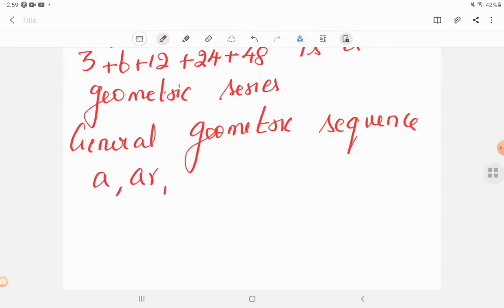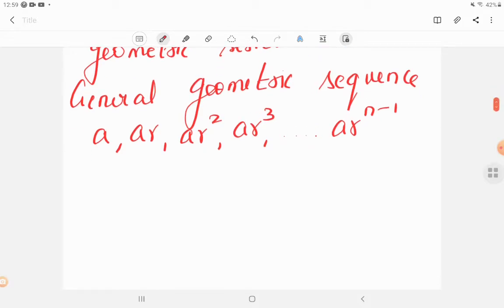The first term is represented as a, and the second term is the first term multiplied by the common ratio. So this is representing the general form of a geometric sequence.